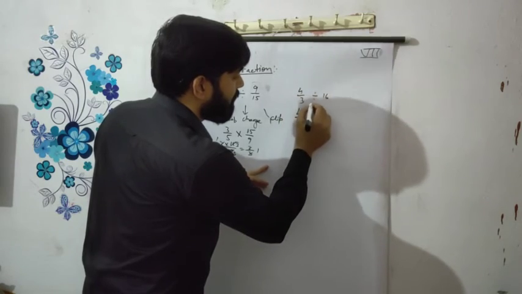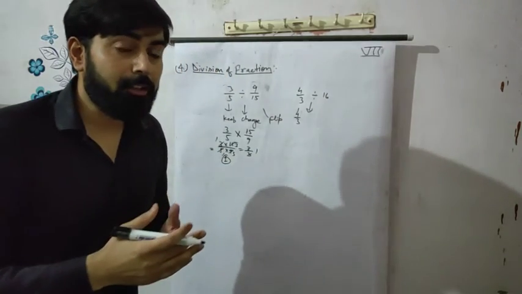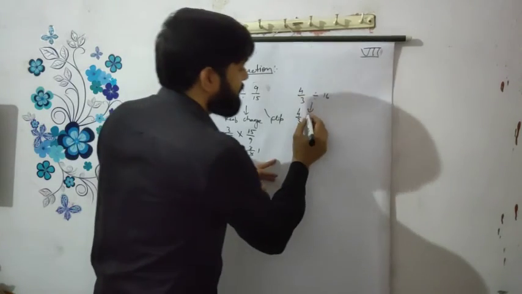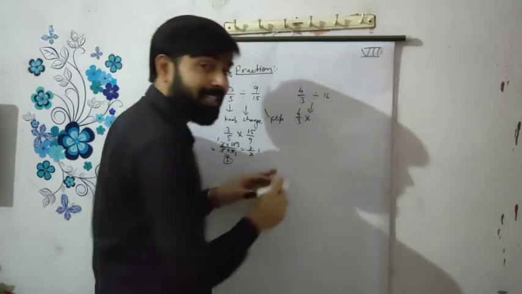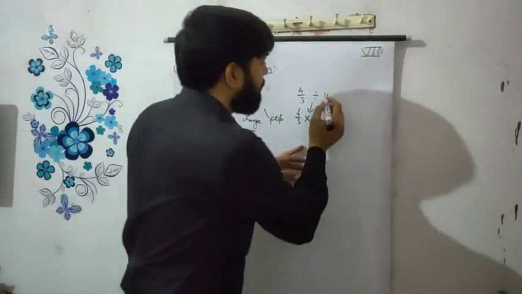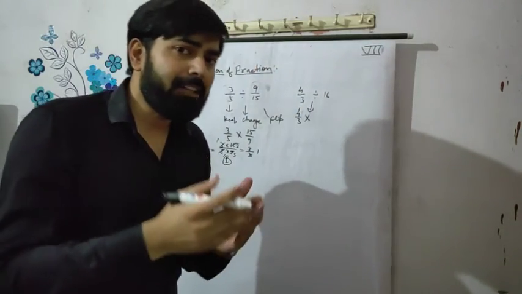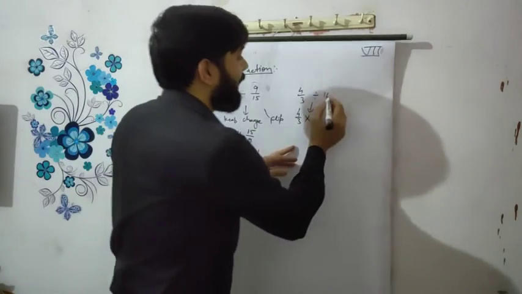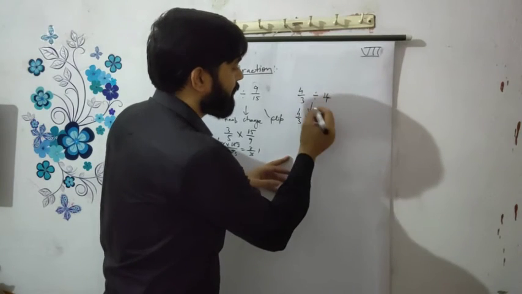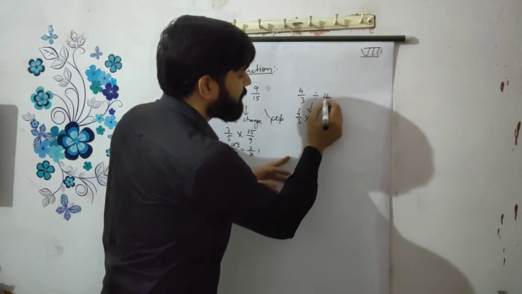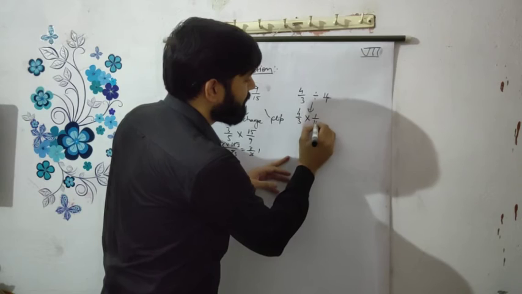4 upon 3, and change. What can we change here? We change the division sign into a multiplication sign and then write the reciprocal of 16. We know that if any number is written without a denominator, we can write 1 as its denominator. So the reciprocal of 16 upon 1 is 1 upon 16.